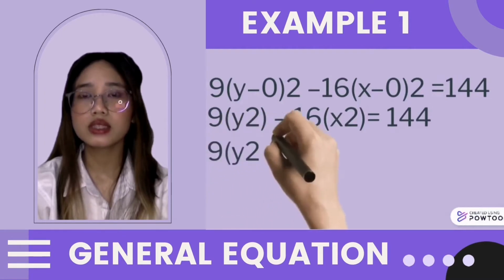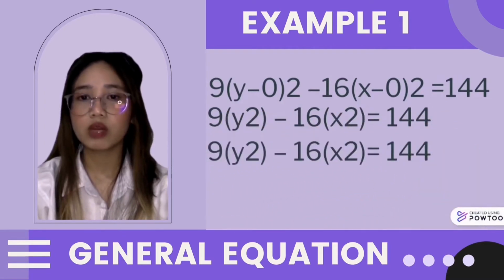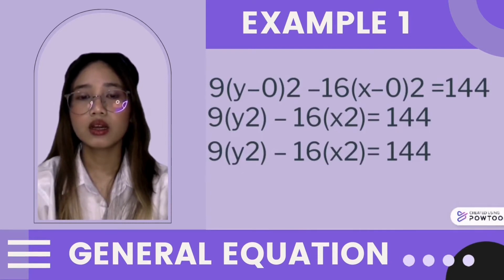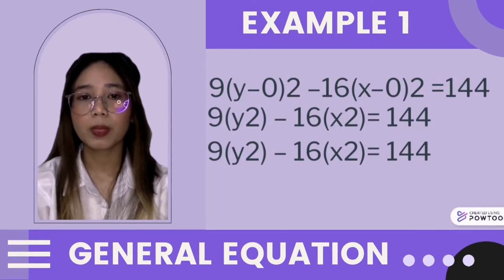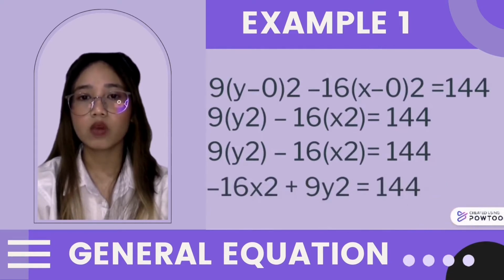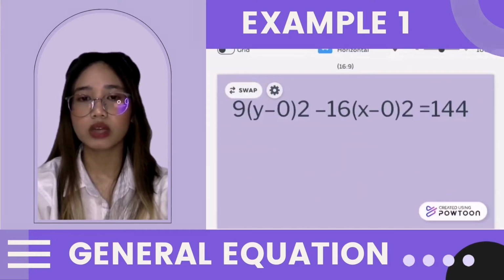Next, we're going to add all of it. So the final answer is negative 16x squared plus 9y squared equals 144.